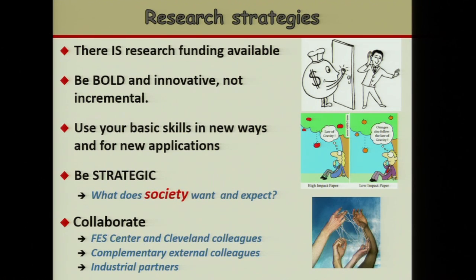But that's where you find a new collaborator. We have these basic skills that can be used in many different ways. The other thing is, I say be strategic here, and what does society want and expect? You know, the NIH study section that I'm on, for 2 months before we have our meeting, the organizer sends out emails that say the order of importance of review is significance, significance, significance, and then everything else.